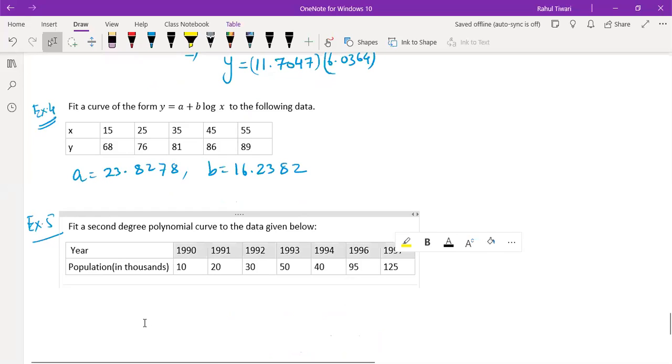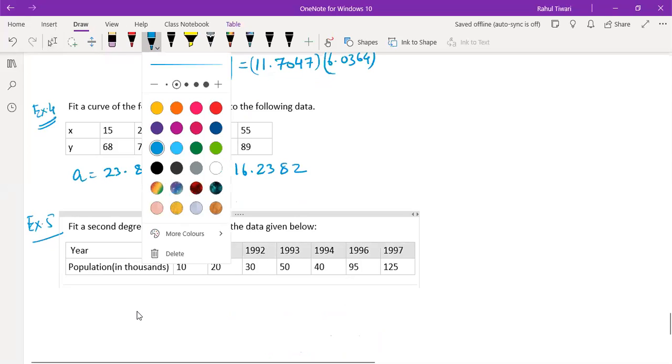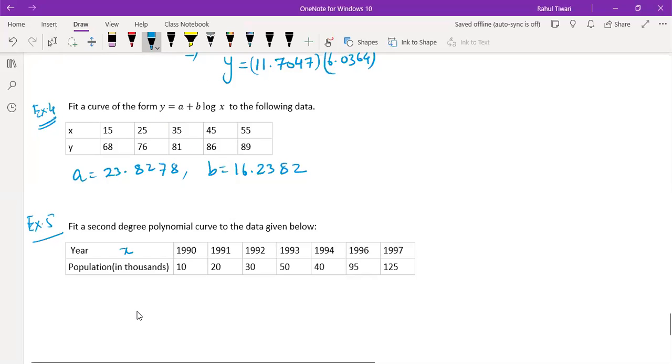Assuming this is your x, and this is your y, you can call this x1 and y will be this, and now I'm changing x to x1 minus 1930, or 1900. See why I'm doing this: I am taking the middle observation and subtracting it from each observation. So I will get the x value here, and I will get the y value here.